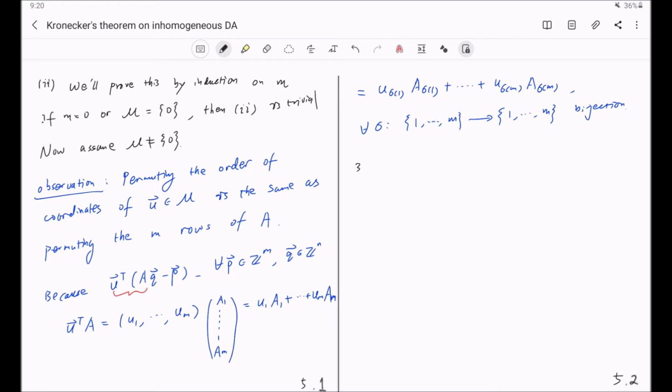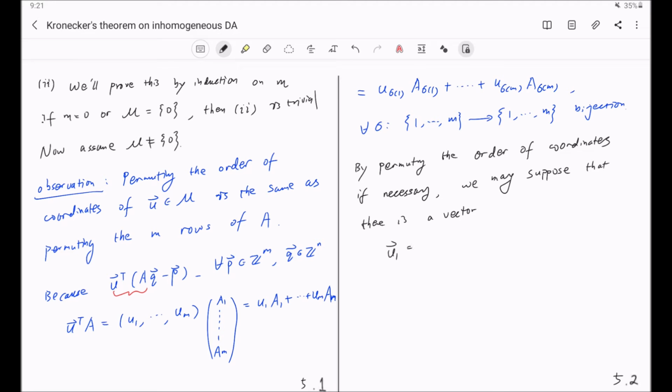So now, by permuting the order of coordinates, if necessary, we may suppose that there is a vector u1 with components u11, u12, all the way through u1m, with u11 not equal to 0 in this subgroup M, which is an integer valued vector.